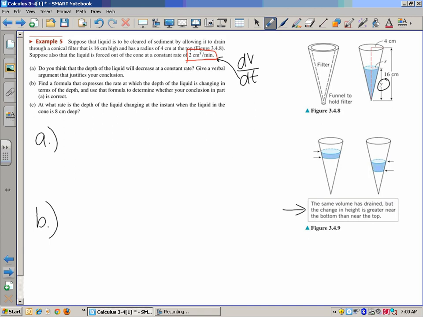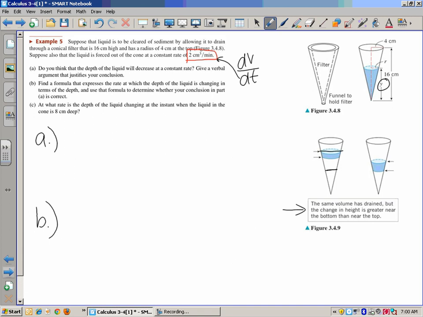So they tell you, that's funny. If you looked at the picture, I didn't look at the picture till just now. If you looked at the picture, you would know that the height is definitely not going to decrease at a constant rate. And the reason is, this distance here is much, quote unquote, thinner. I'm using the word thinner just because it's narrower than here.